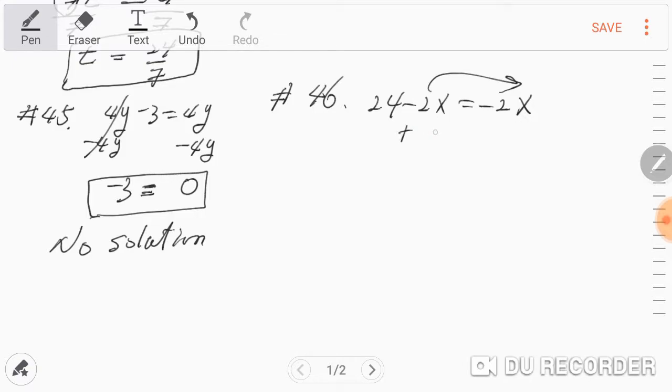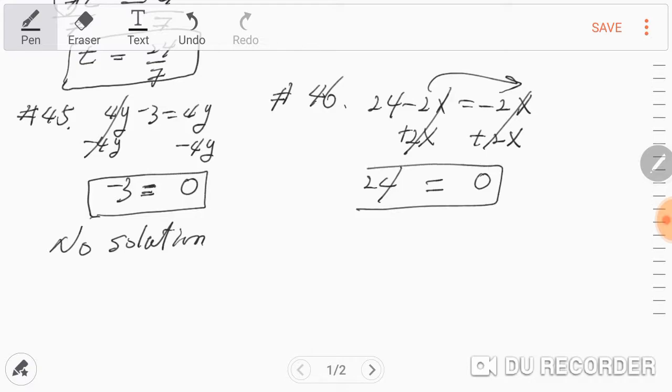That means we have to add 2x to each side. Then the left-hand side has only 24. Minus 2x plus 2x becomes 0. The right side is also 0. This one still, the equation is false, so we can conclude there is no x value. So there is no solution.